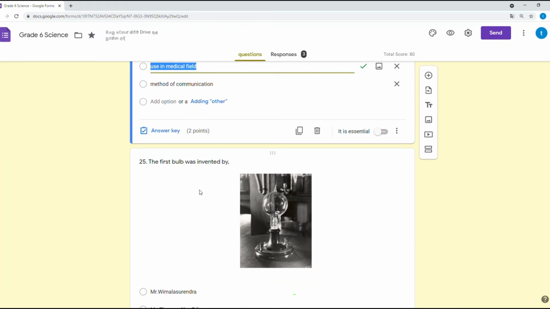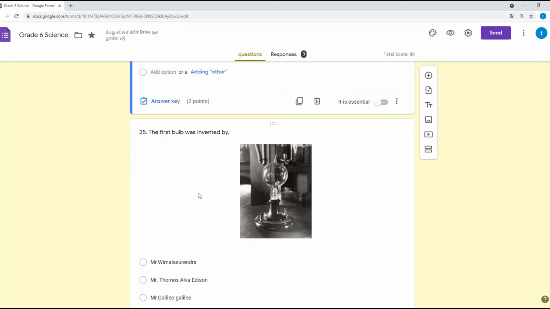Now you get into number 25. That question also comes from the unit on light. The first bulb was invented by... Actually at this time we know several types of bulbs: the LED bulb, the CFL bulb, the fluorescent bulb, and the filament bulb.